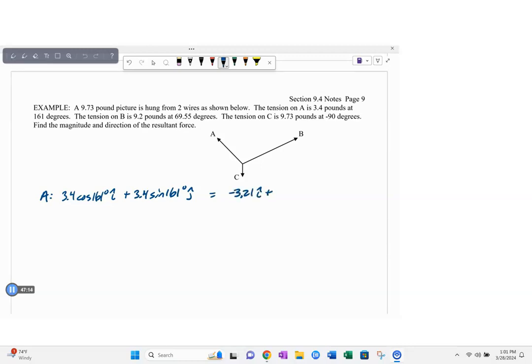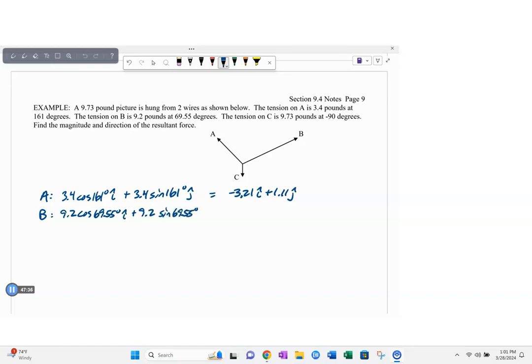Now let's do it for B. B, we've got 9.2 pounds, its cosine, so here's its angle, 9.2 sine 69.55 degrees j.